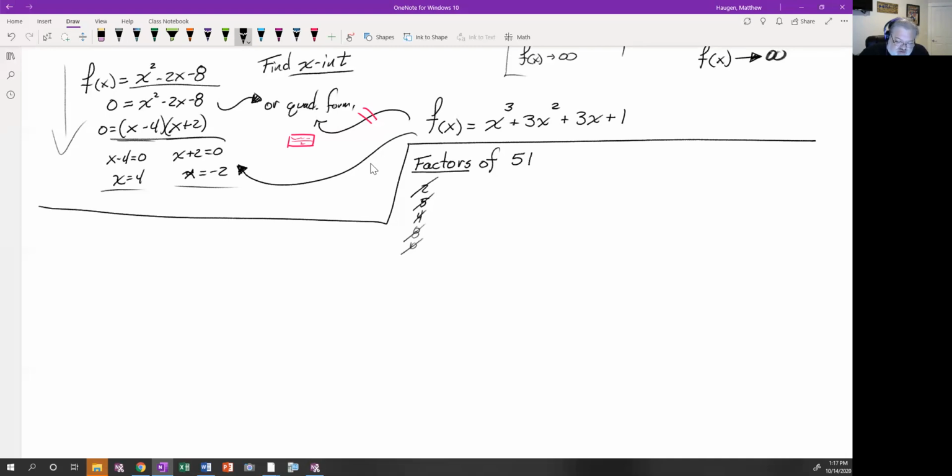Could it be divisible by 3? Now you might not know, but there is a nice handy rule for divisibility by 3. If the digits add up to something that's divisible by 3, then the whole number is divisible by 3. So the fact that 5 plus 1 is 6, and 6 is divisible by 3, means 51 has to be divisible by 3.